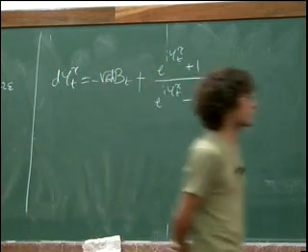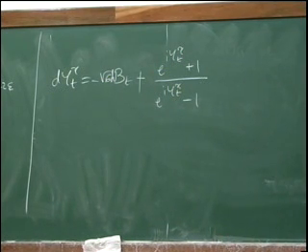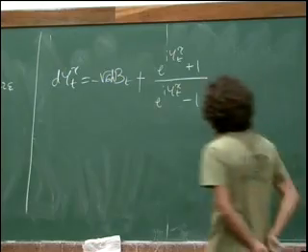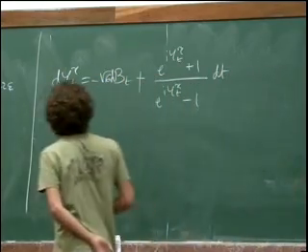I just replace this by this, and I divide by c(t) above and below. And there is still the dt here.